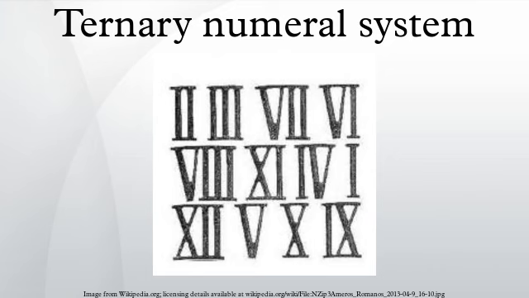Sum of the digits in ternary as opposed to binary. The value of a binary number with n bits that are all 1 is 2^n − 1.